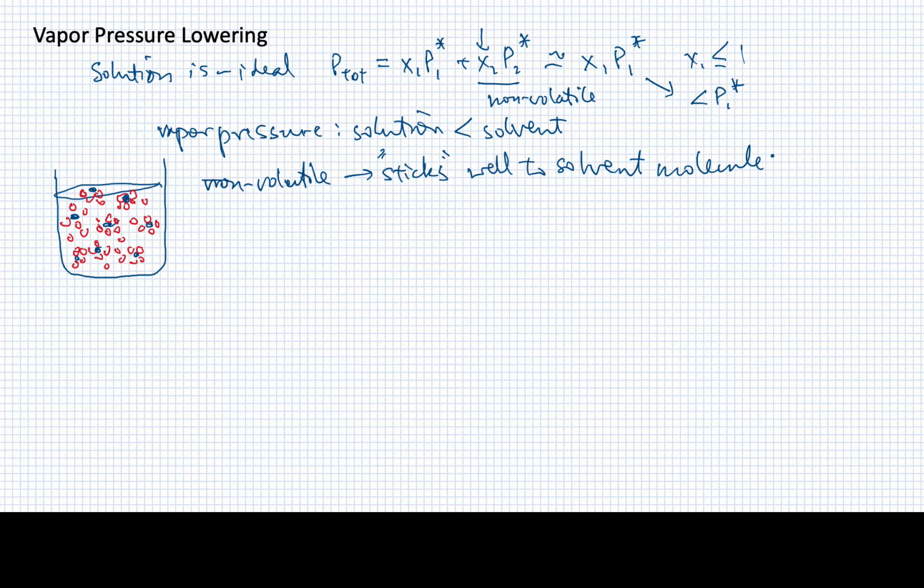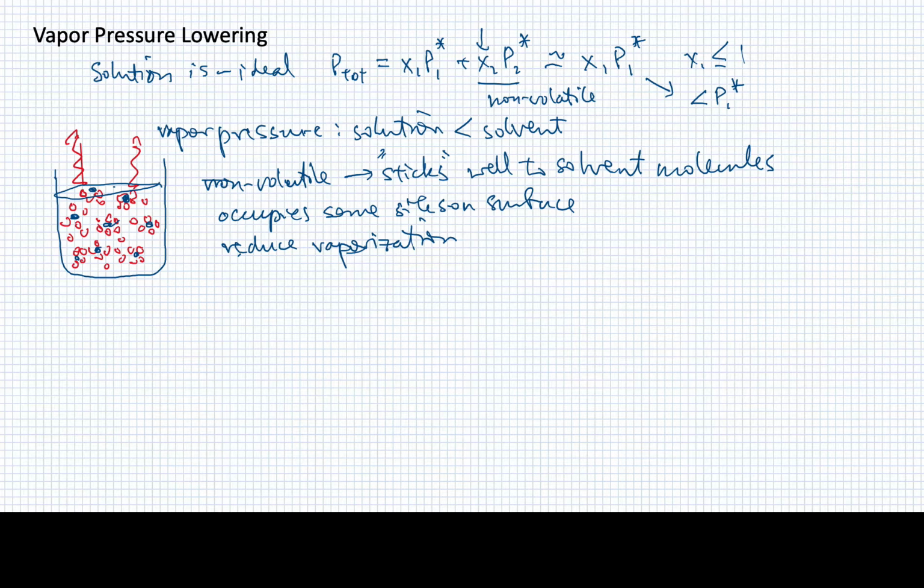So it's not going to vaporize quite so readily, but when it sticks well to solvent molecules, it's also holding some of those solvent molecules back from evaporating themselves. In addition, it occupies some sites on the surface, so it's preventing some of these solvent molecules from evaporating into the vapor phase, because those sites on the surface are being occupied by solute molecules. The net result is it's going to reduce the tendency for vaporization.